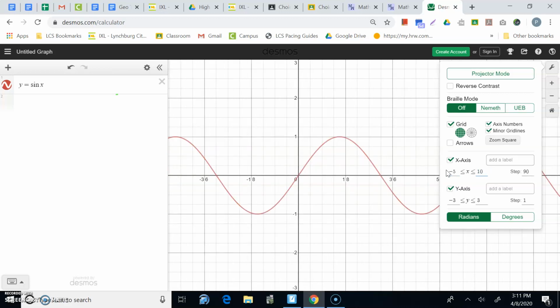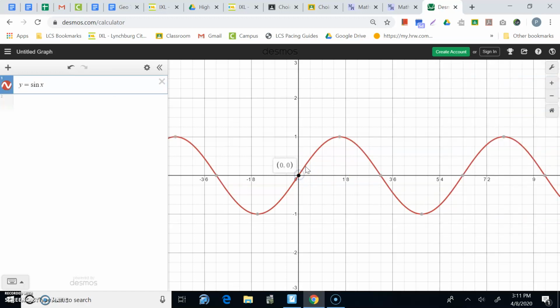This looks better. So clicking on my key values here, 0, 0, pi over 2 comma 1, pi comma 0, 3 pi over 2, and 2 pi. So these are my happy familiar values. This pi over 2 is like a 90, and pi is like a 180. 3 pi over 2 is like a 270, and 2 pi is like a 360.